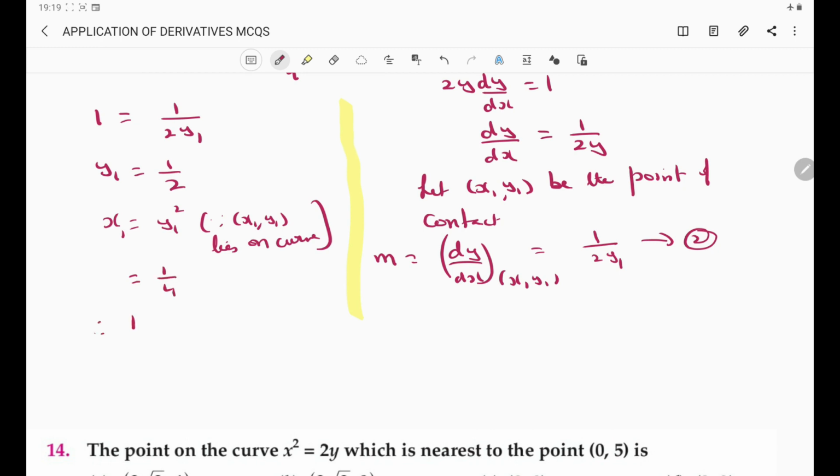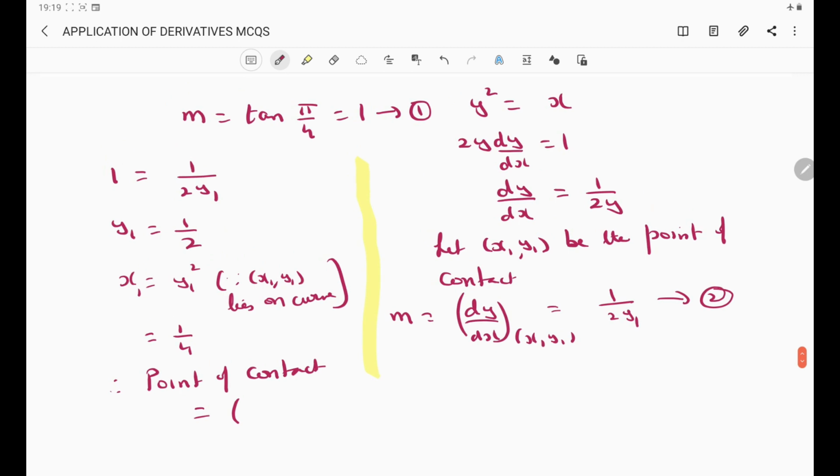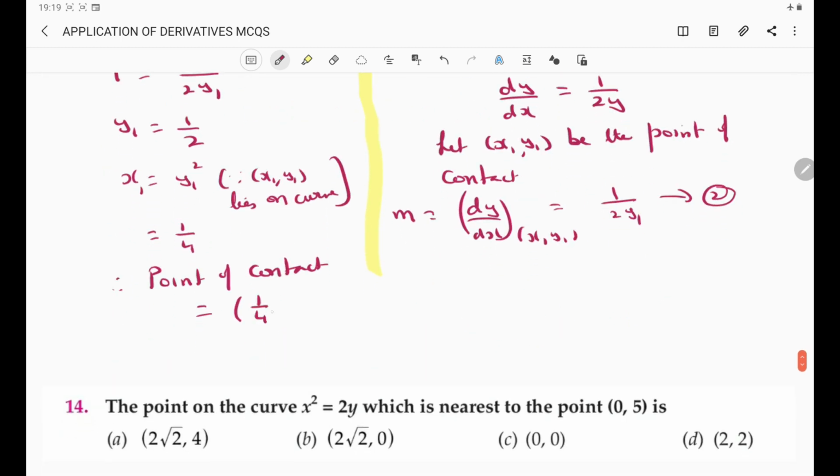Therefore the point of contact has x value 1 by 4 and y value 1 by 2.